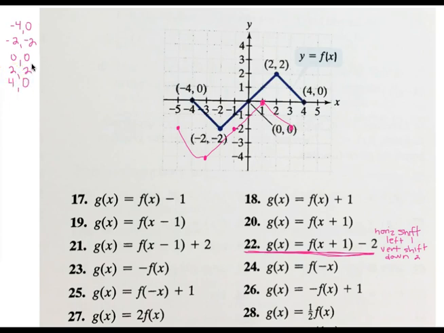And then you could say, all right, subtract h. So subtract 1 from all the x coordinates. So the x coordinates are -5, -3, -1, 1, 3, with y values 0, -2, 0, 2, 0.